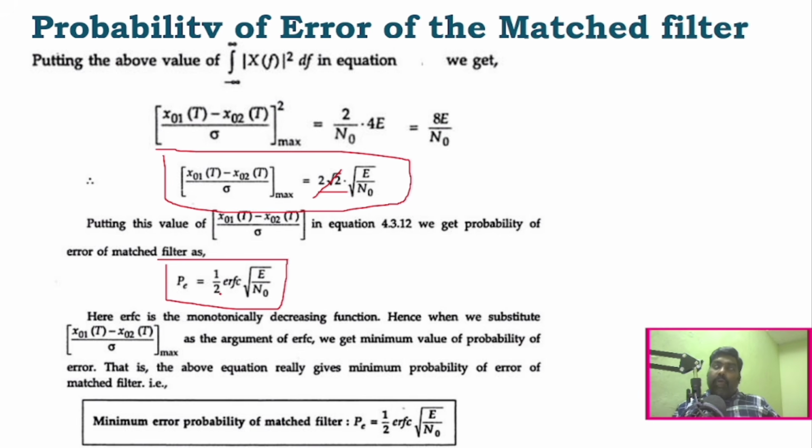So you will obtain 1 by 2 erfc root of E by N naught. This is the minimum error probability of the matched filter, right?